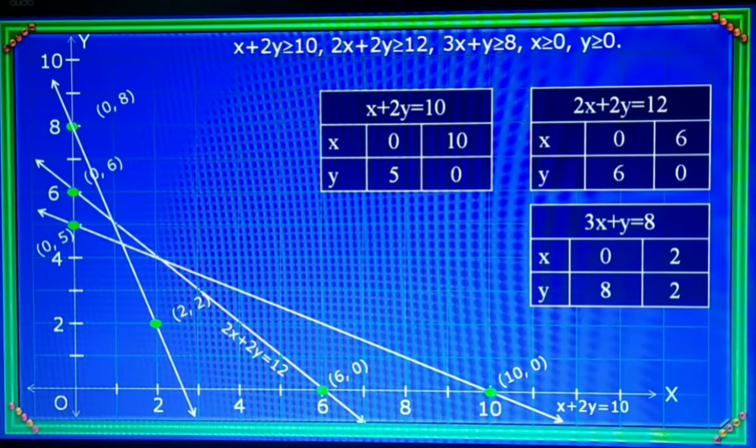Similarly, when you substitute x is equal to 0 and y is equal to 0 in the third inequality, again we will get 0 is greater than 8, which is not true. Therefore, for all the lines, we should shade above those lines. Then the common portion which we are going to get is as shown in the figure.